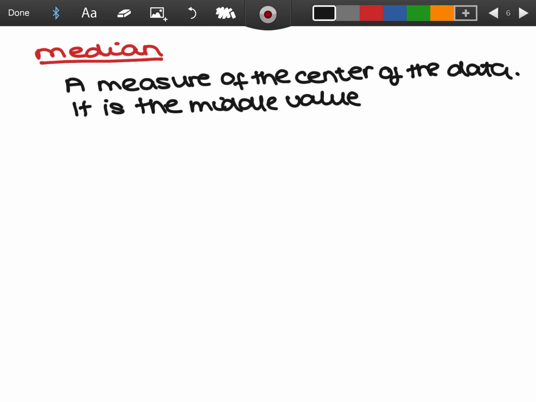Otherwise, the middle value means nothing, because you could actually have your smallest data point or the largest data point in the middle if you have not ordered it first. It doesn't mean anything to us when we are looking at the center of the data if you take your smallest data point as the center. So make sure that your data is ordered first, otherwise this does not mean anything. So it is the middle value when you have ordered your data first.